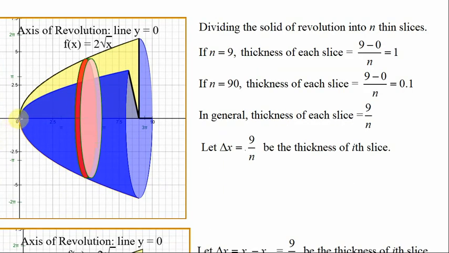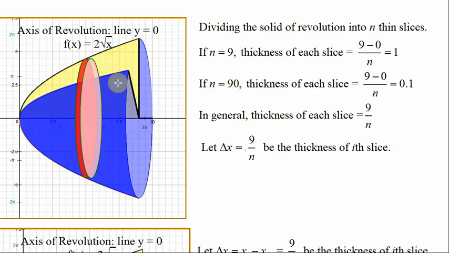Notice that the distance from here to here is 9, so if we divide the solid into 9 slices or 9 discs, then the thickness of each disc will be 9 over 9, which is 1. So it would be 9 minus 0, divided by the number of discs, which is 9. Then the thickness of each disc will be 1.